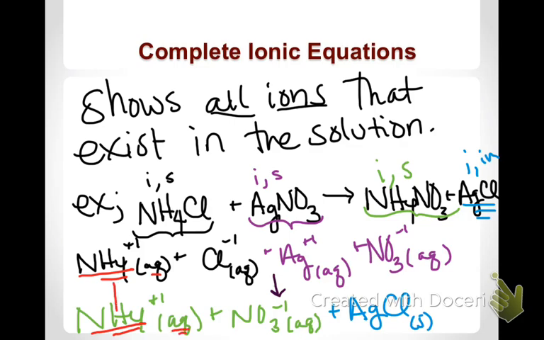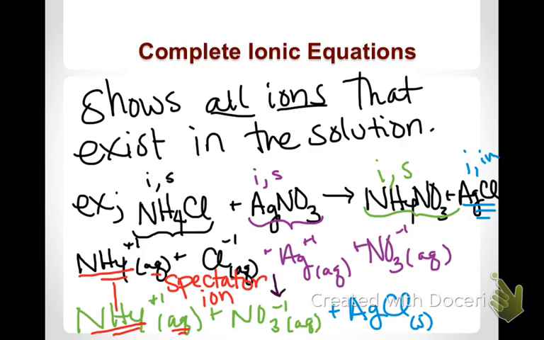What this means is that NH4 plus 1 is really not changing or doing anything of interest from start to finish in this reaction. We call that a spectator ion, meaning it doesn't really participate in this reaction. It's just spectating. It's just existing.